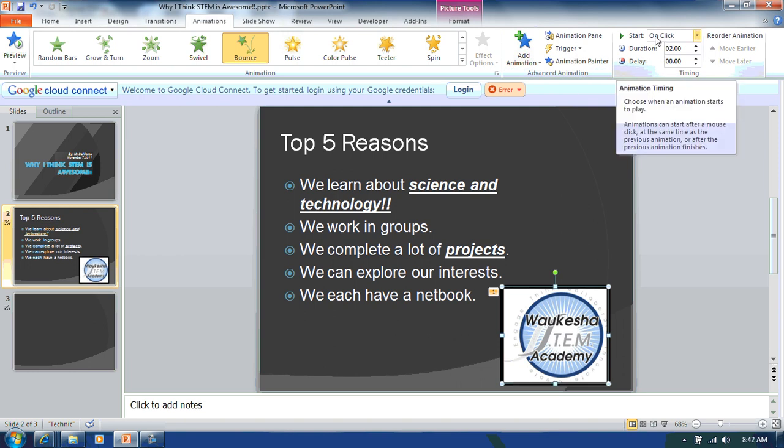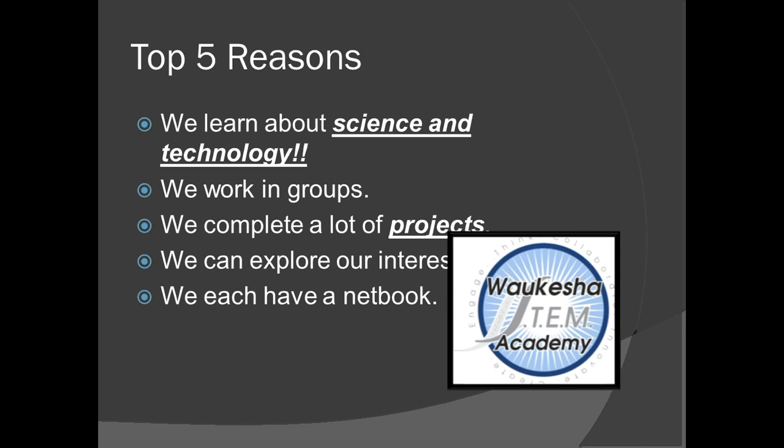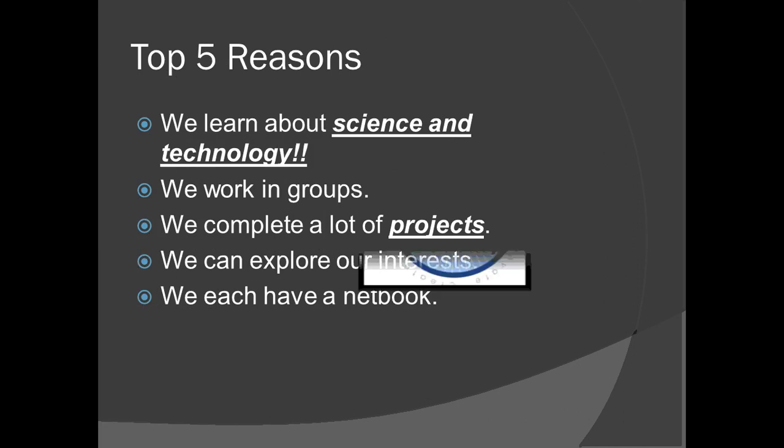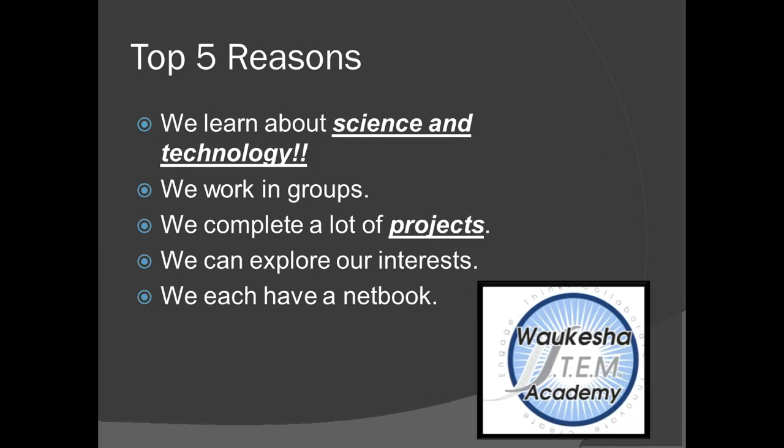That I don't want to have happen. I want it to happen right away. So I'm going to go up here, select my picture, and where it says start, I'm going to select after previous. Then I'm going to preview. The slide is coming in, and automatically the picture has bounced in.